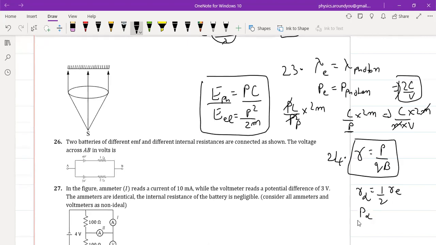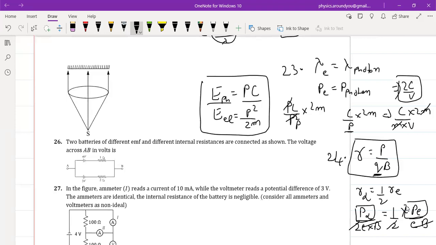So momentum of the alpha particle by charge on the alpha particle, which is 2 times e times B, should be equal to half of the radius of the electron orbit: momentum of electron by charge on electron, which is e into B. eB's cancel, the 2's cancel, and I get momentum of alpha particle is equal to momentum of electron.